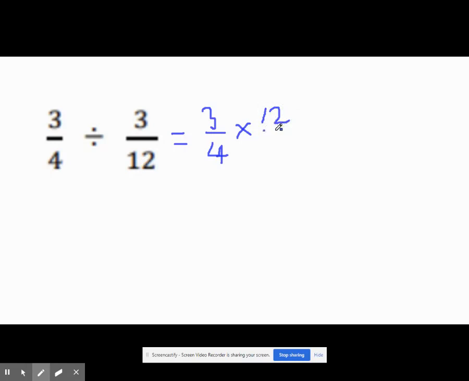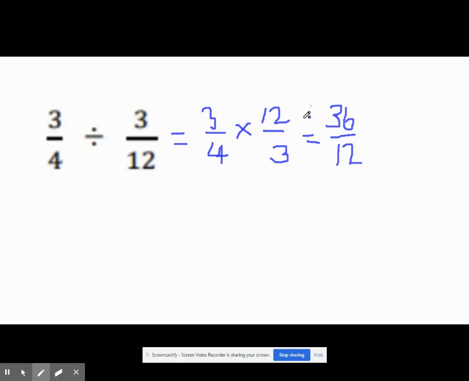So I have now 3/4 times 12/3. And then when we have multiplication in two fractions, we just multiply numerators across and denominators across. So 3 times 12 would be 36, and 4 times 3 would be 12.